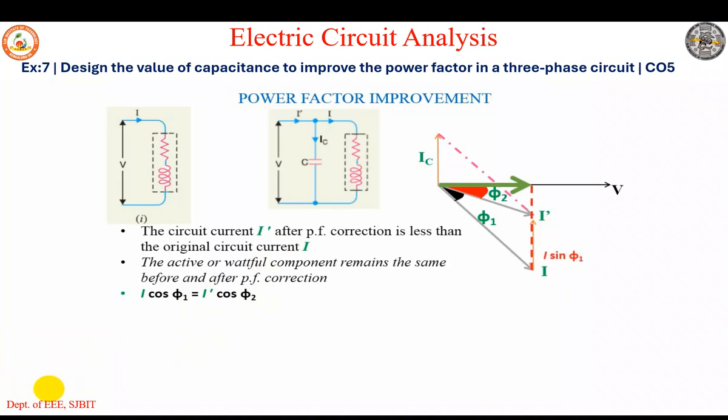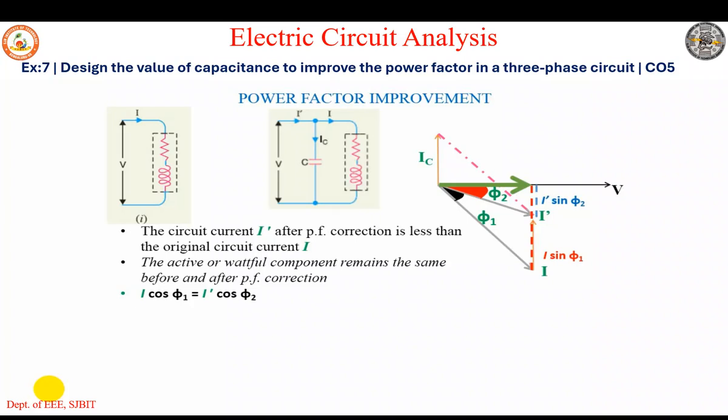Let's understand. The entire thing is I sin theta 1 or I sin phi 1. Now this blue color is only I dash sin theta 2. After power factor correction, you can see the value of I sin theta 1 is reduced with respect to your supply side.